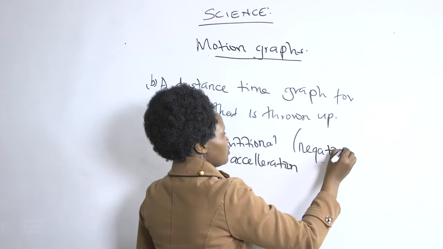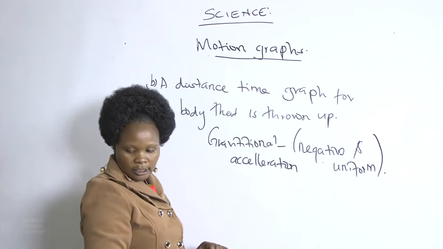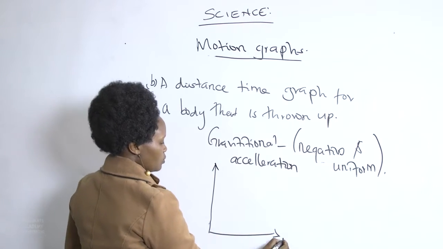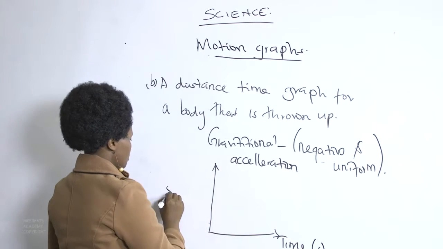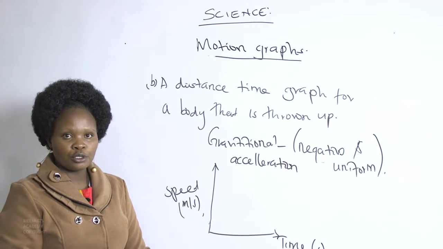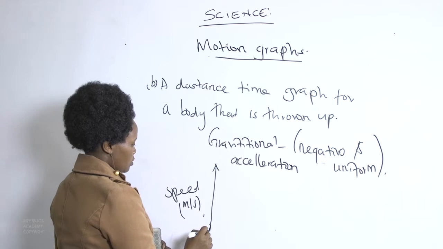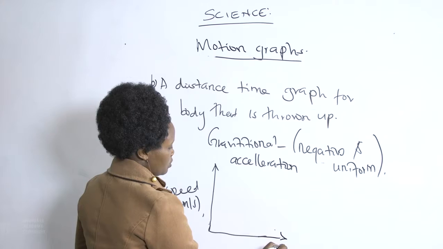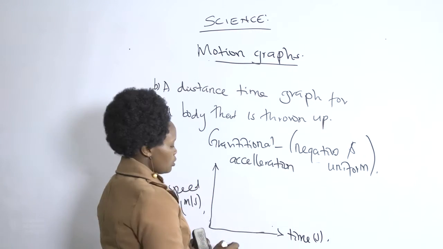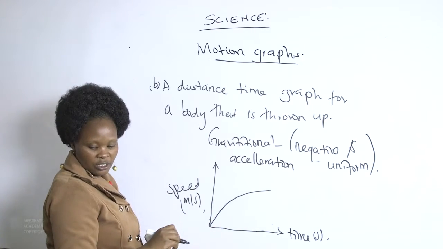It is negative and uniform, and therefore the sketch will be a curve whose gradient is decreasing.